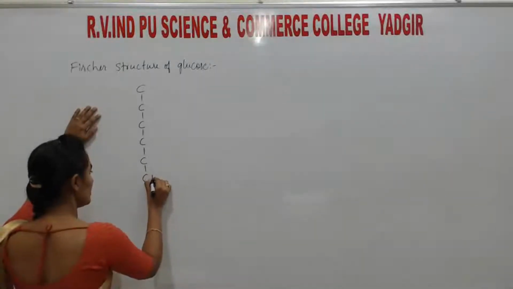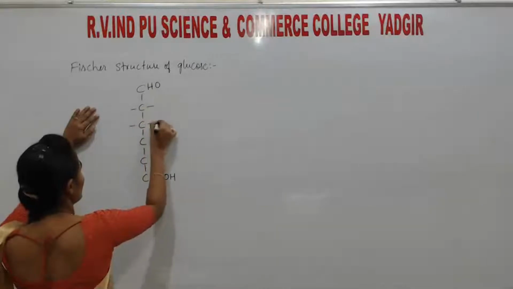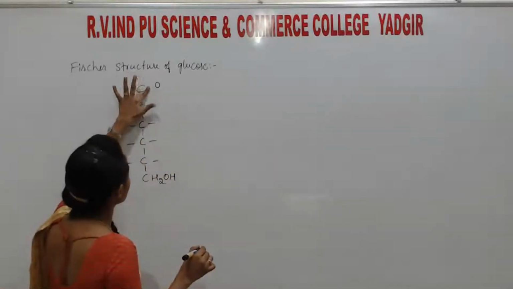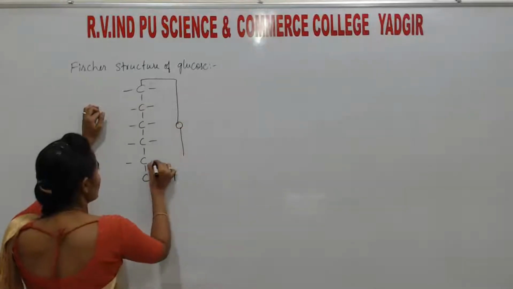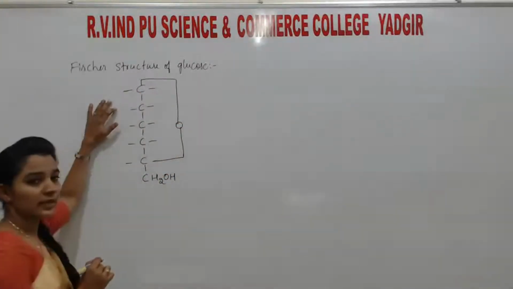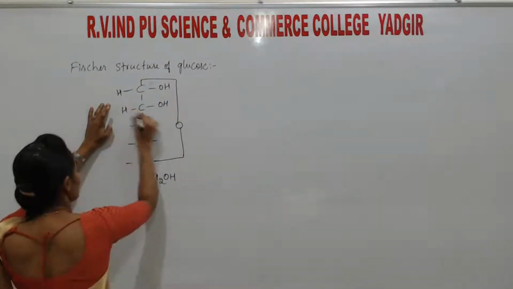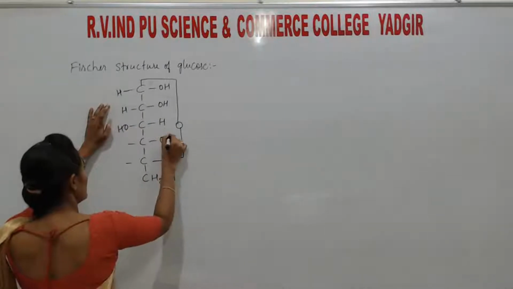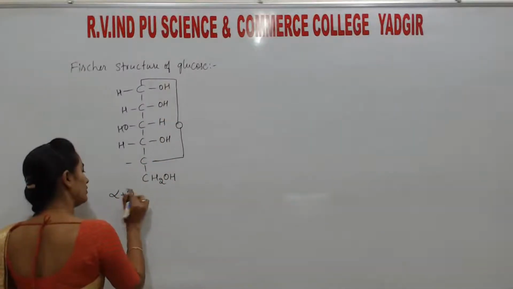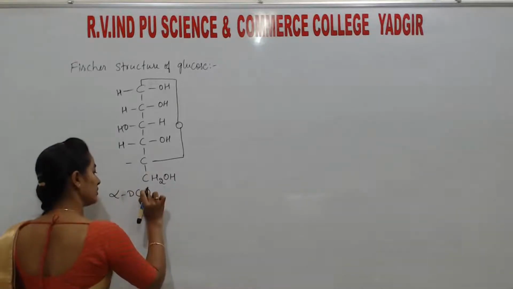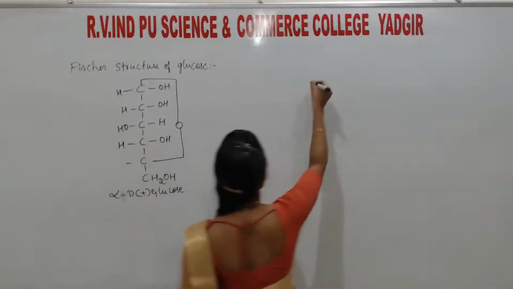Here one is, of course, CH, the first carbon, and the remaining are H and OH. Students, carbon number 1 and carbon number 5 are cyclized, and this is OH, H. This one is OH, H, H, OH, OH, H. If the OH group is on this side, it is alpha D plus glucose.